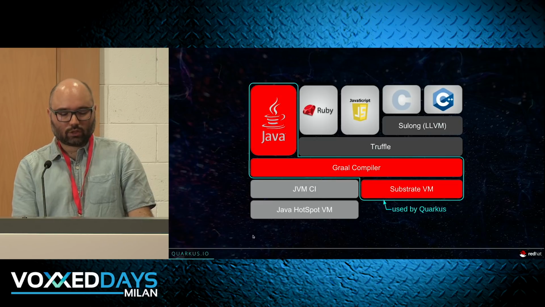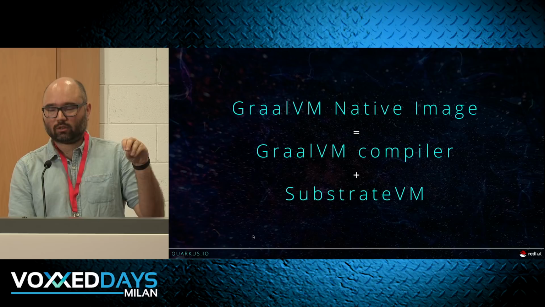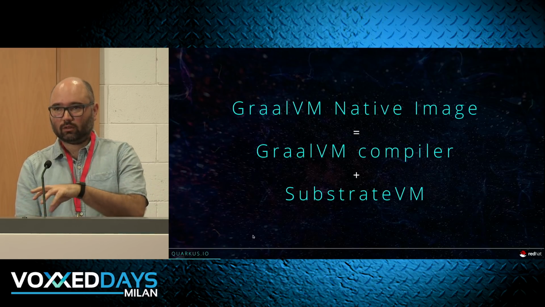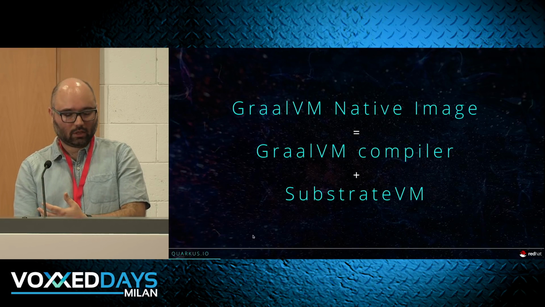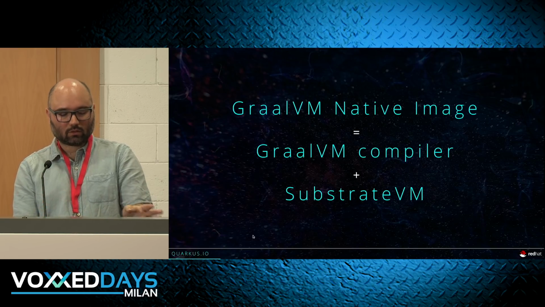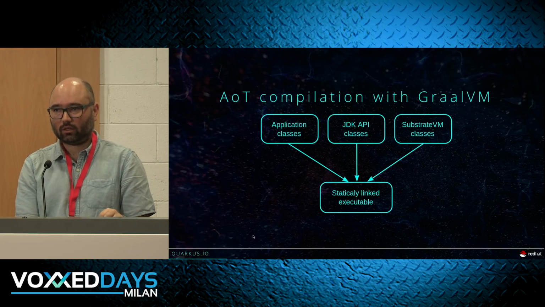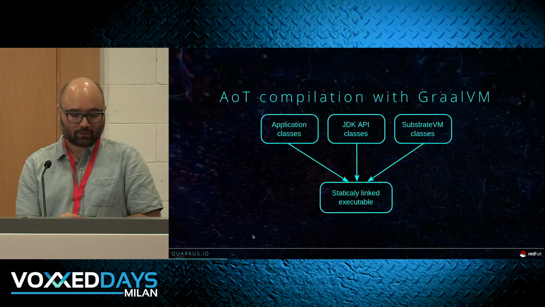So essentially, when we're creating a native image, we are running the GraalVM compiler on your code and combining this with the JDK version, which is the special Substrate VM. And this is combined with your application classes, and you can get a statically executable out of that. And it's very efficient.